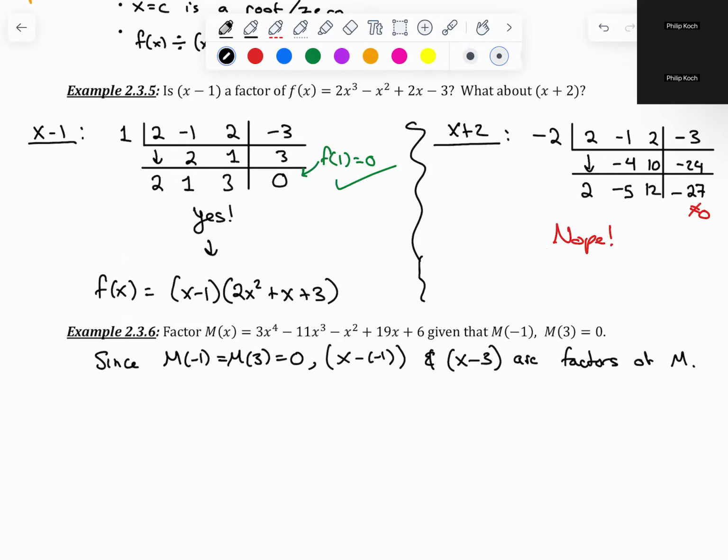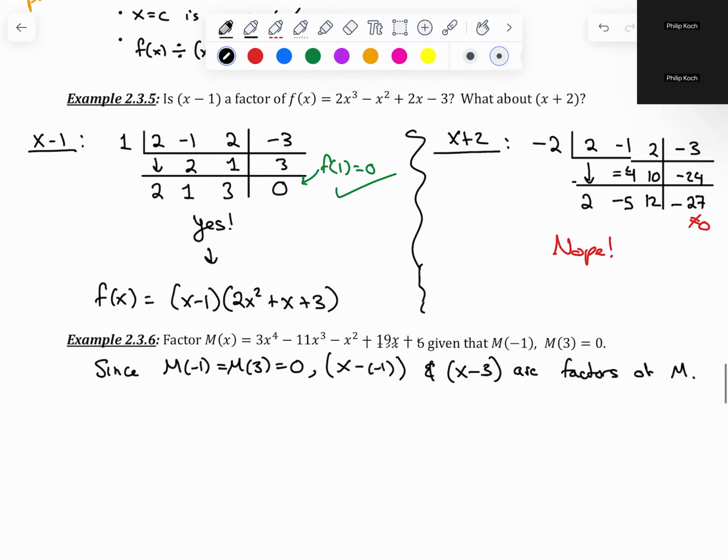Because m of -1 equals 0, we know that x minus -1, or x plus 1, is a factor. And because m of 3 equals 0, we know that x minus 3 is a factor by the factor theorem.